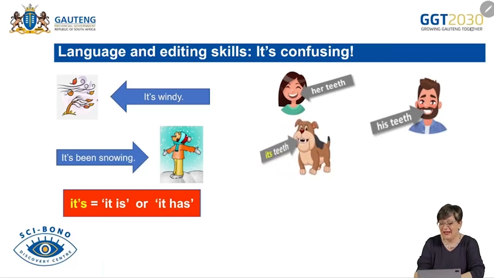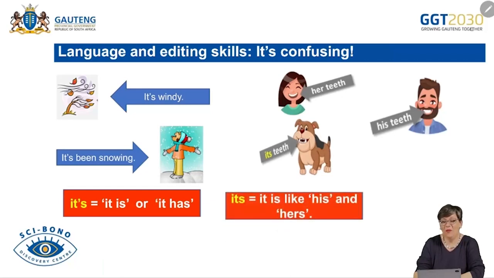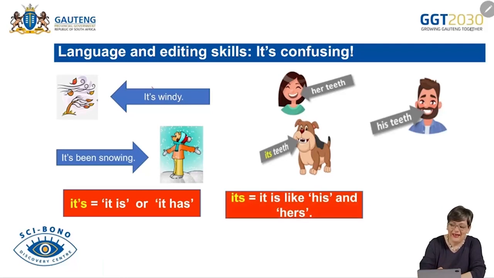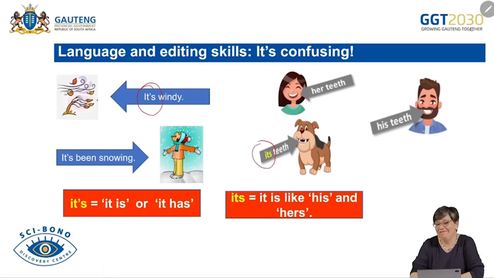Can you see here, in this case, there is no apostrophe. When we're referring to the dog's teeth, it's like his and hers. Can you see the difference between the two? In the previous one, it's is when it means it is. Its here shows possession. That was just a quick tip for you to remember.